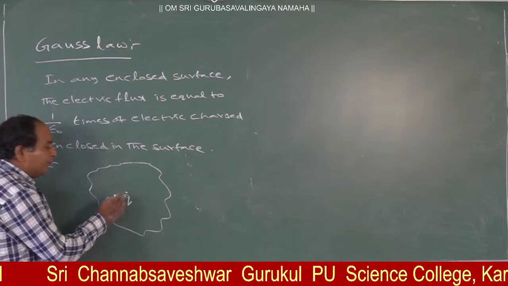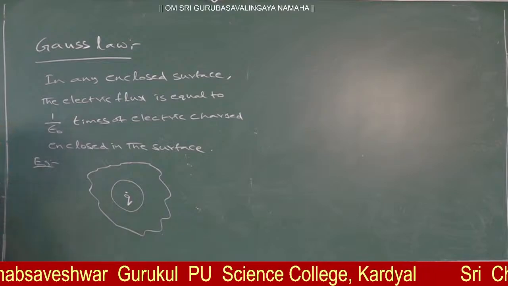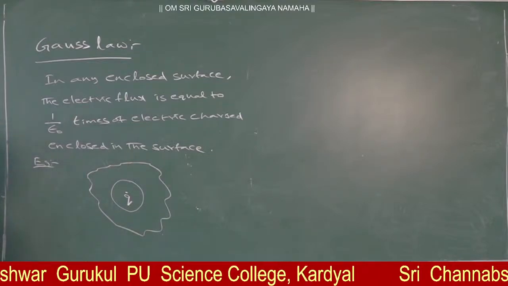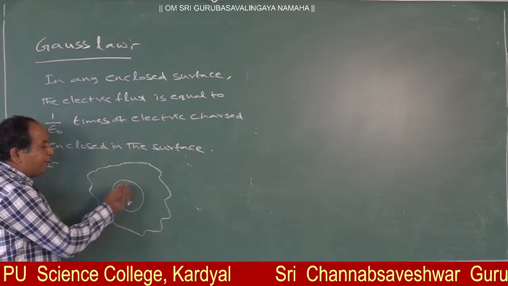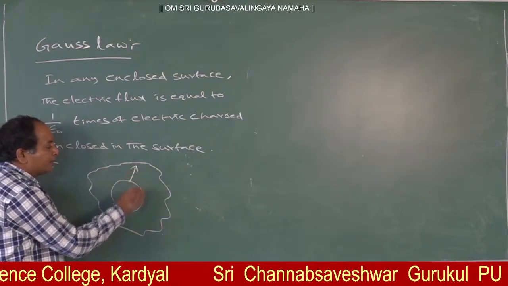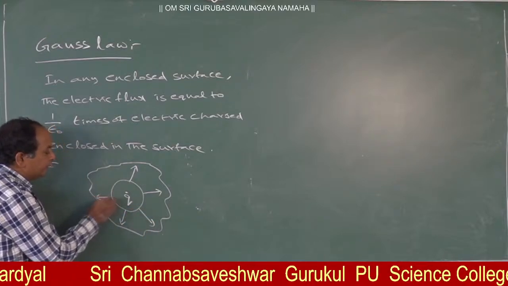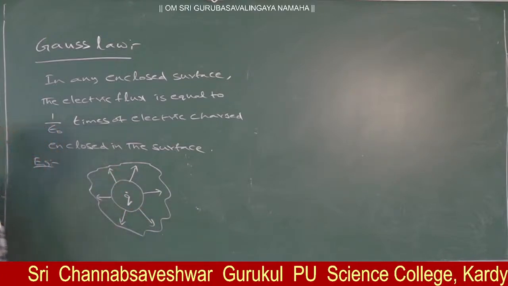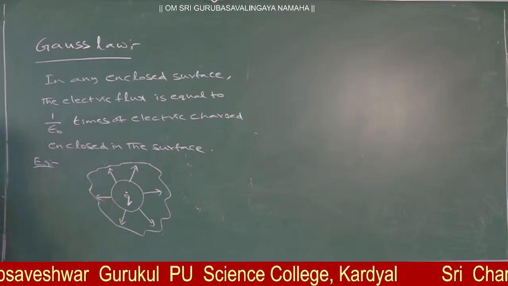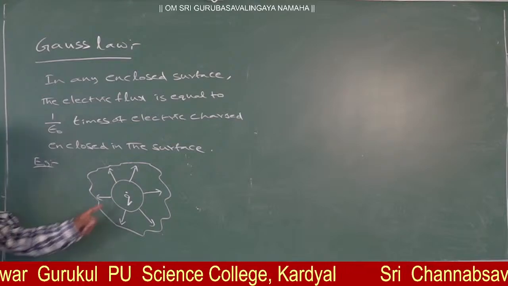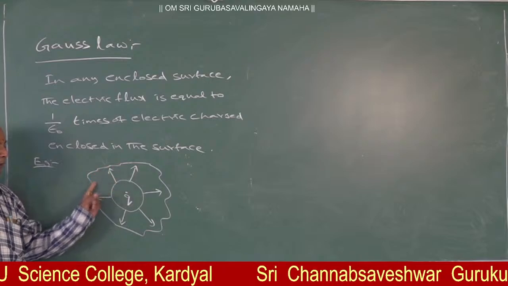Then in the vicinity of Q, if you consider a small sphere, we already know that at each and every point on the surface of the sphere there is an electric field, that is, electric field lines are passing. The direction of the electric field lines is away from the positive charge. This is a positive charge, so the lines go away from it like this.